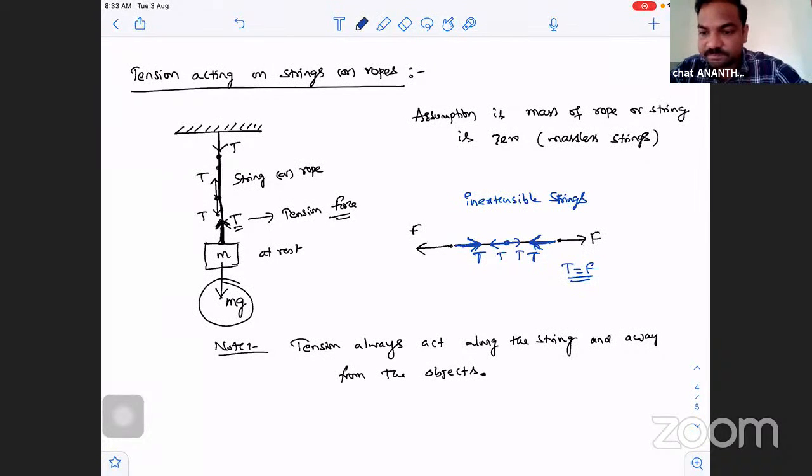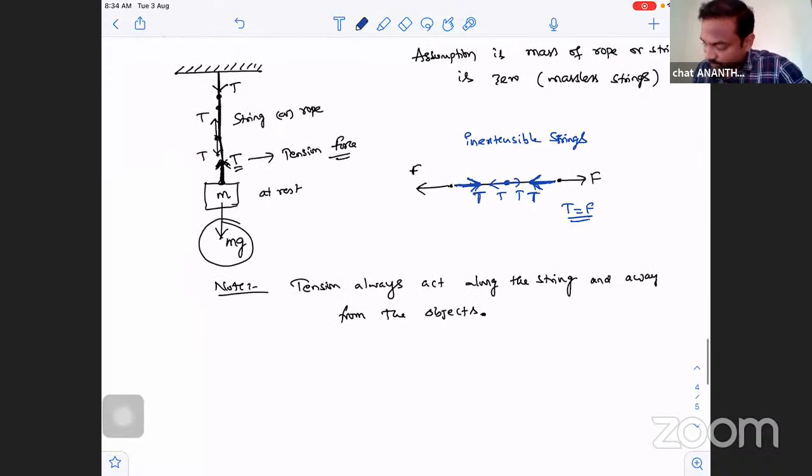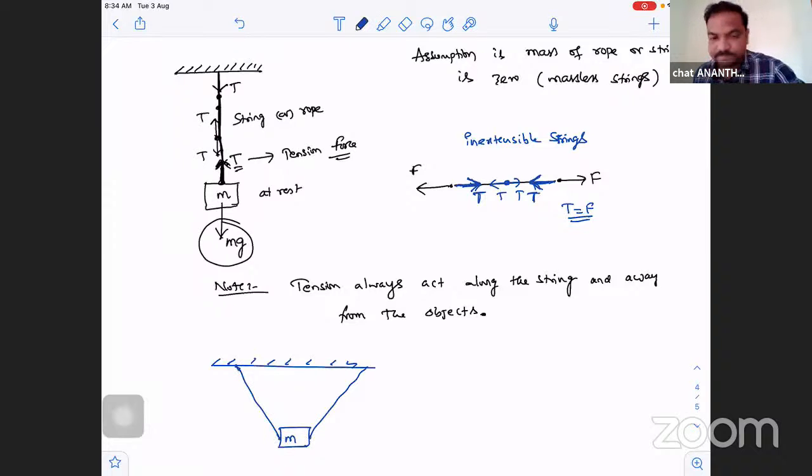Now I'll give you one problem. Suppose there are two strings. I'm taking one block of mass m hanging by two strings, something like this. Then what are the directions of the tension forces?